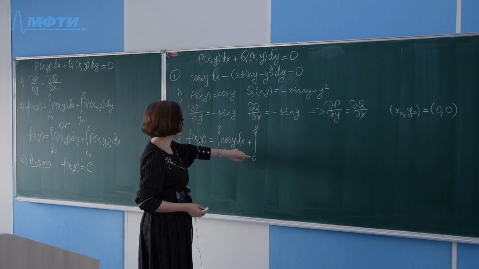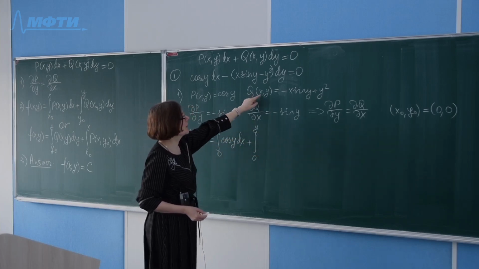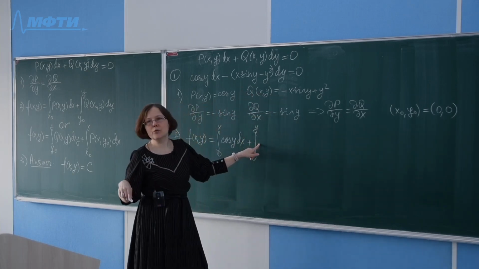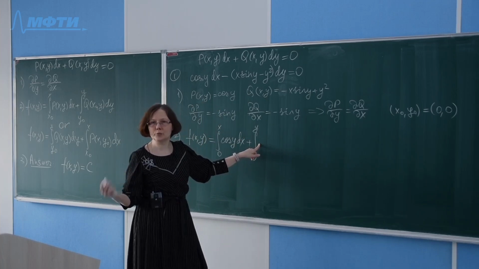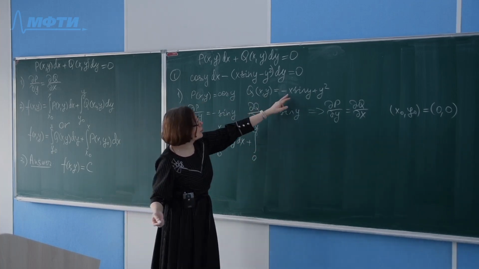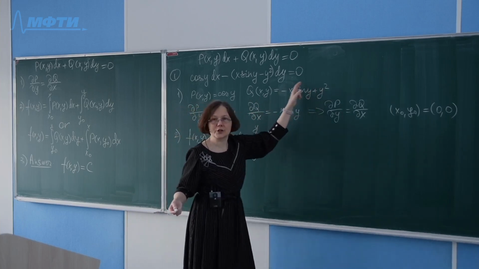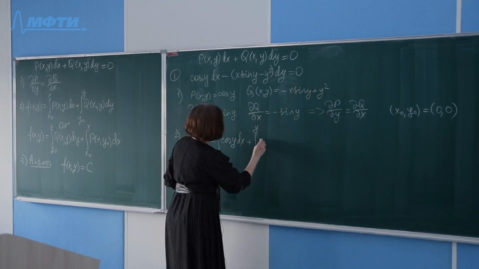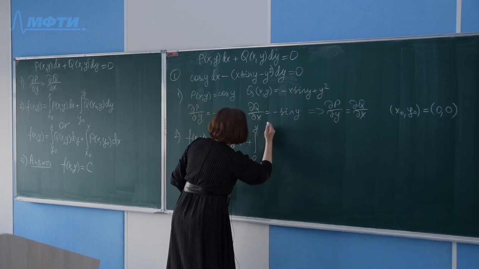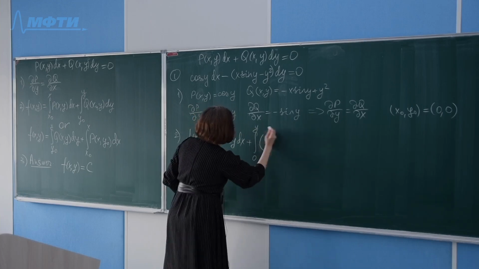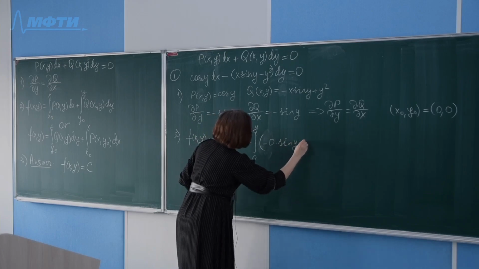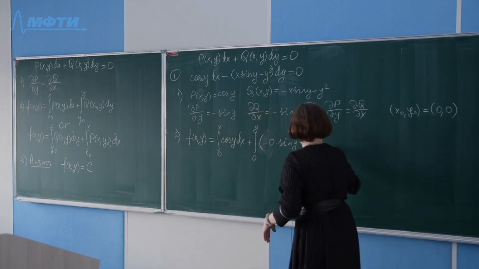We should substitute x0 for x in the function, so it must be Q depending on x0 and y. x0 is fixed, but x0 is 0, so we should substitute 0 into this function. And we will integrate just y squared. Or in detail it will be minus 0 times sine y plus y squared dy.